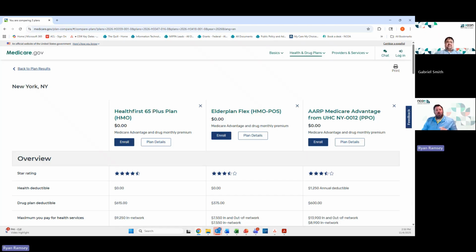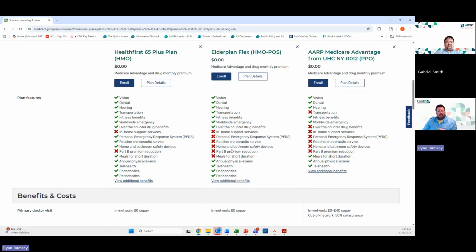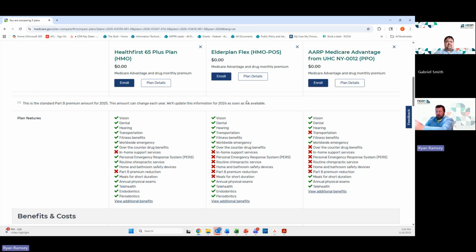Okay, so we'll tick those things off. It covers his prescriptions. All of them cover his prescriptions. Includes doctors in network. What he would want to do is call his doctor and ask, do you accept Elder Plan Flex? Let's just say, for example, and if the doctor says, yes, I accept that, great.